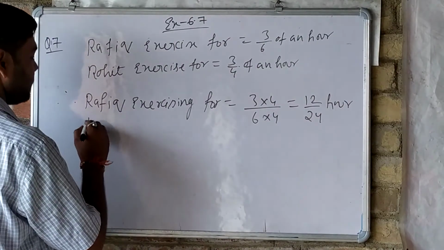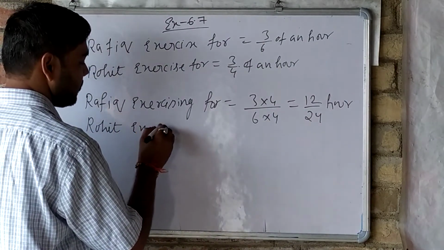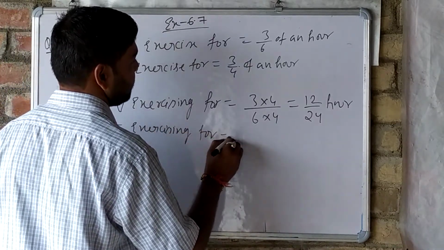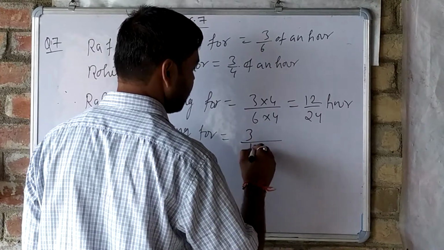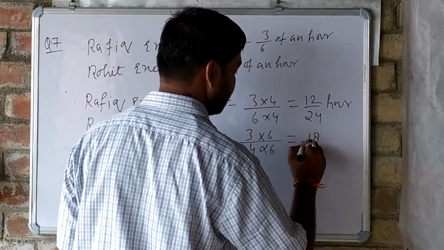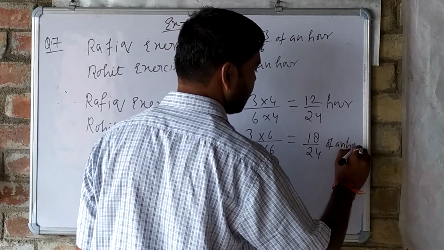Now Rohit, for how long? Rohit exercising for 3 by 4 into 6 into 6. 6 3s are 18, 6 4s are 24 of an hour.